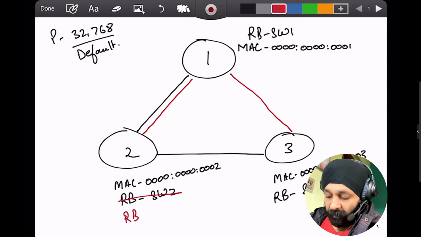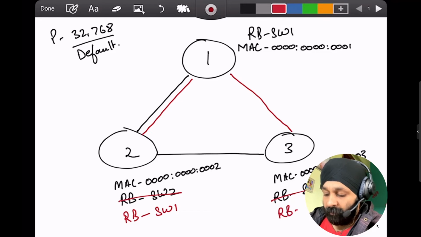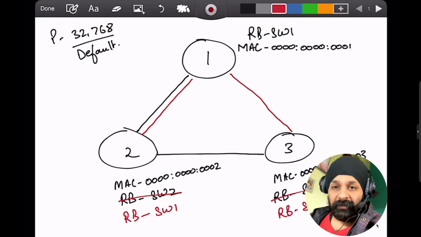Now, the new root bridge for switch 2 is switch 1. Similarly, for switch 3, when it receives a superior BPDU, it stops assuming that switch 2 is the root bridge, and the root bridge becomes switch 1. This is, in the simplest terms one can explain, how the STP convergence is happening, how the root bridge is getting elected.